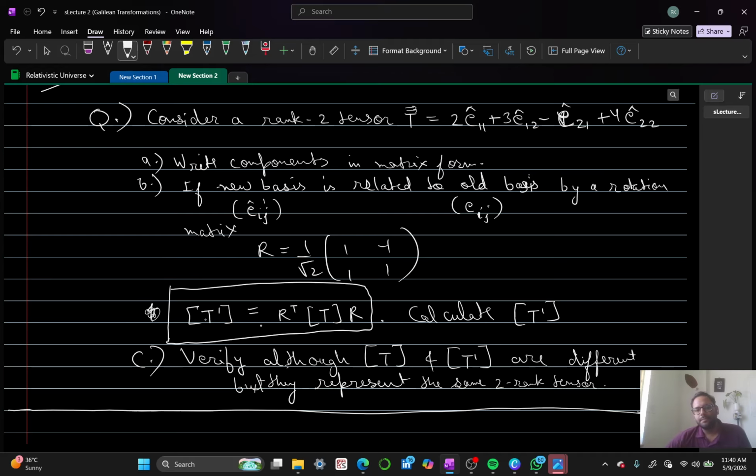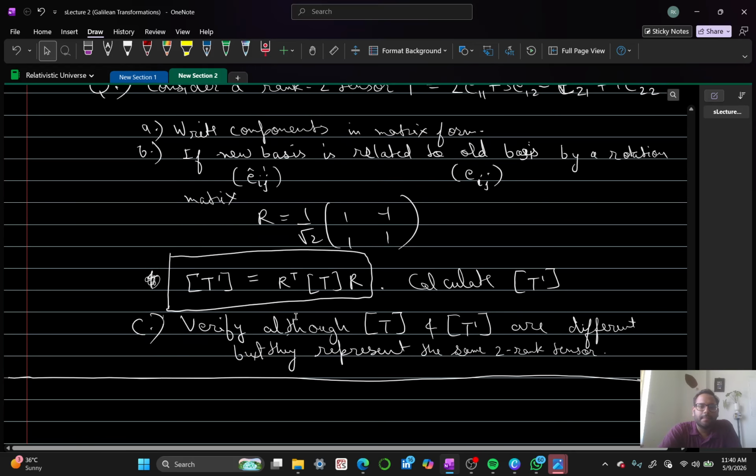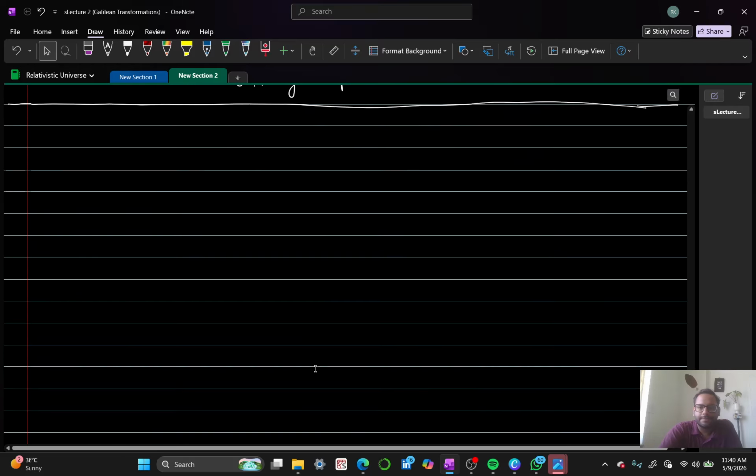Is it fine? Yes. Then you have to verify that these two matrices will be different, but actually they represent the same second rank tensor. How do you verify it? You have to think about it. Okay, let's move ahead.